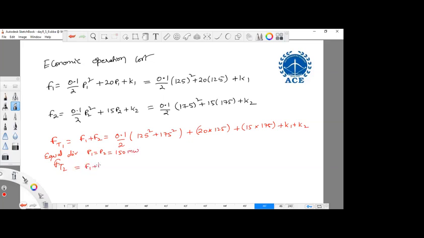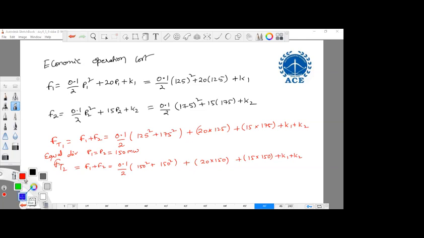So F1 plus F2 is 0.1 by 2 into 150 square plus 150 square, plus 20 into 150 plus 15 into 150 plus K1 plus K2.